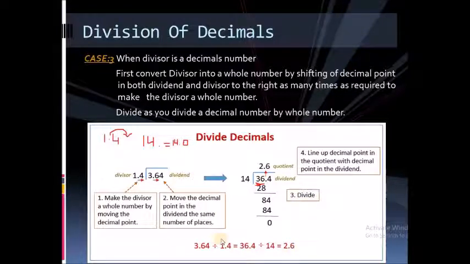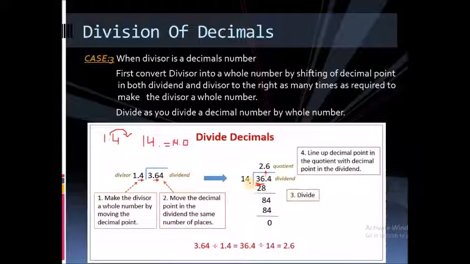So here what I have done, I have just added one more step in case 2, and that step is to make the divisor a whole number by moving the decimal point, and that many number of times you have to shift the decimal point of the dividend also. That's all. After that my case 2 will be there and you have to solve as you have solved case 2 when my divisor is a whole number.